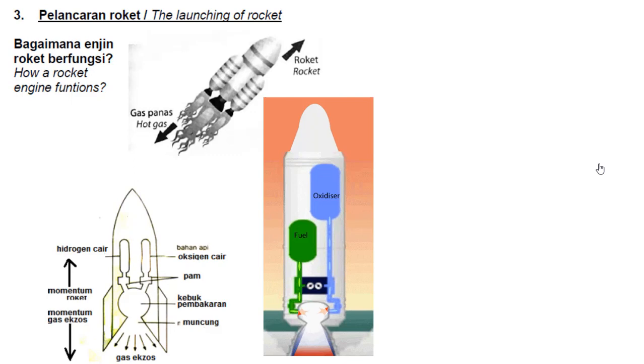Now we discuss the launching of rockets. The rocket will move in space without air, so they have to bring liquid hydrogen and liquid oxygen. This is where they will mix in the combustion chamber and produce exhaust gas. Okay, so let us discuss how it works.